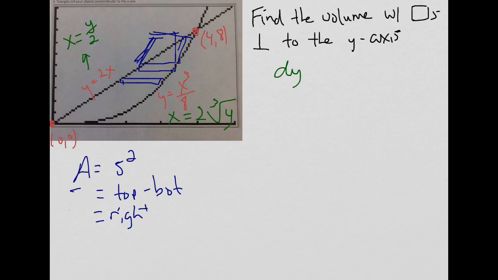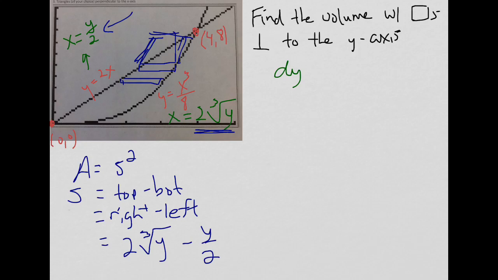So this is my side length. This is not my area. So my side length is right minus left. The right side, in terms of y, is this thing right here. So what I get is 2 cube root of y minus, and over here the left side is y over 2.